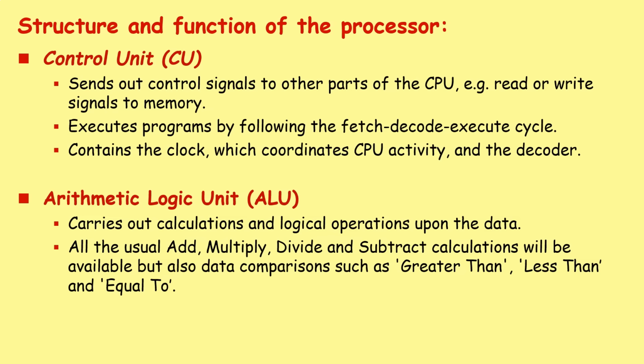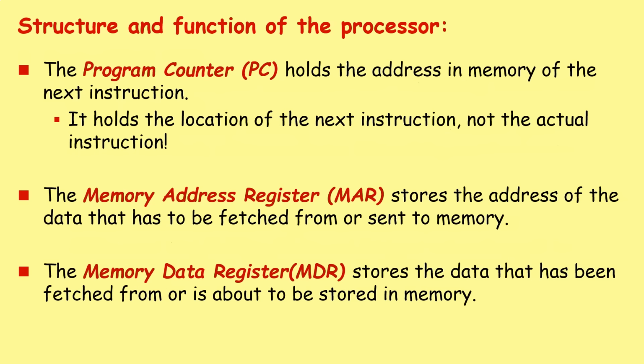Moving on to registers, the program counter, or PC, holds the address in memory of the next instruction. Remember, it holds the location in memory of the next instruction, not the actual instruction itself.